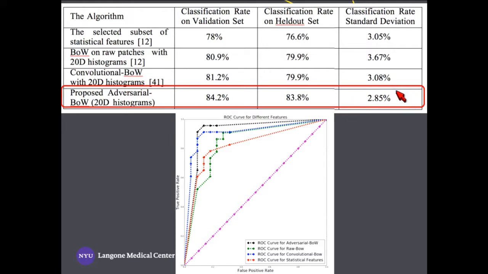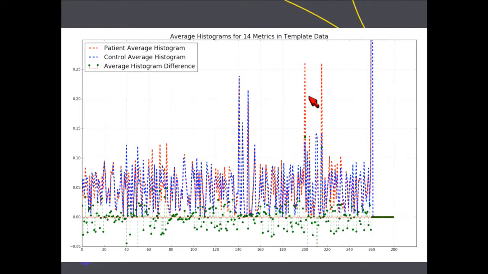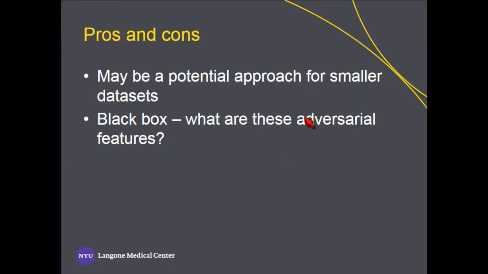You see that the standard deviation is small, and we had a completely held out set, and it had almost the same classification rate. And so these are the histograms. You see that they're just some examples. There are some differences in the number of these visual words that occur in controls versus injured subjects. And this is just the average, again, showing you that there's some differences between the patients and the control subjects. So this is maybe an approach for smaller data sets, which we don't always have the million images, right?